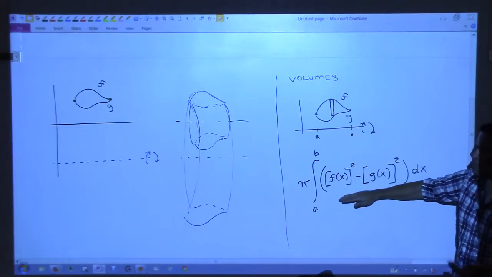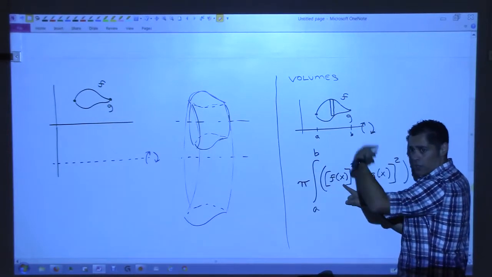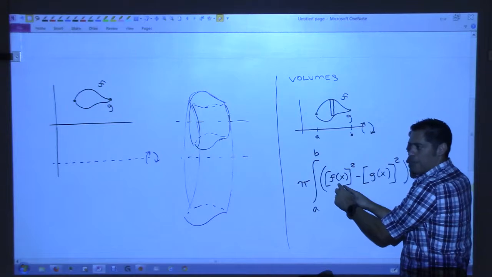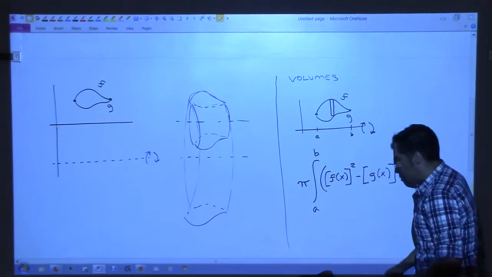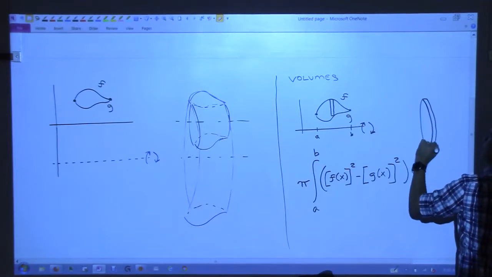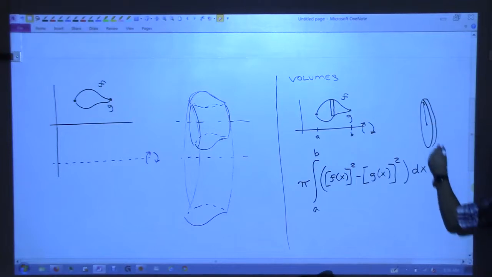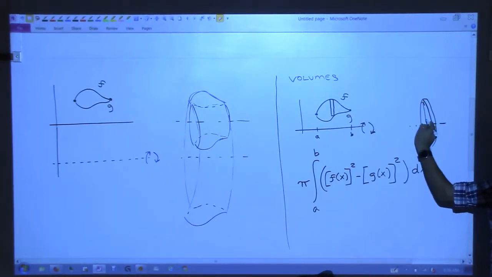This only works when I wrap around the x-axis, because when we were saying what was the radius of that washer, we said f of x, right? And then squared. And the reason we did that is because our washer, that big disc, right? The center to here, we said was f, right? But that's because this was the x-axis.